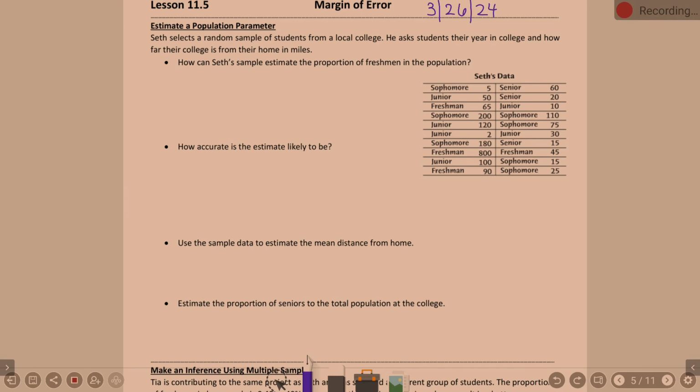Thoughts of what we could do here? We've got this sample of information representing some bigger population. How can we use Seth's sample to estimate the proportion of freshmen?